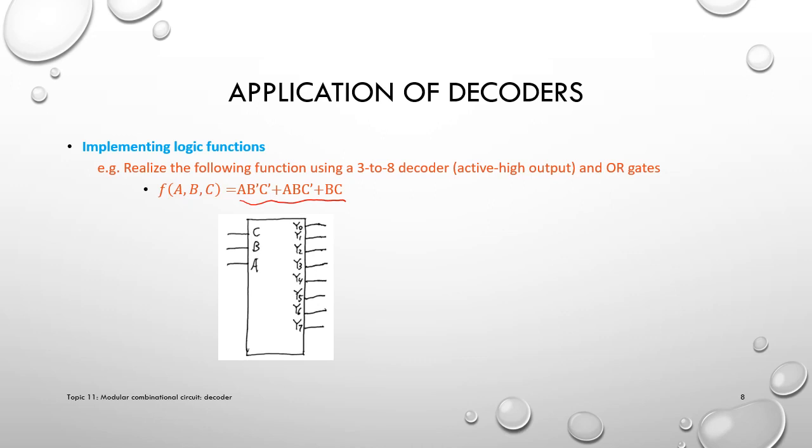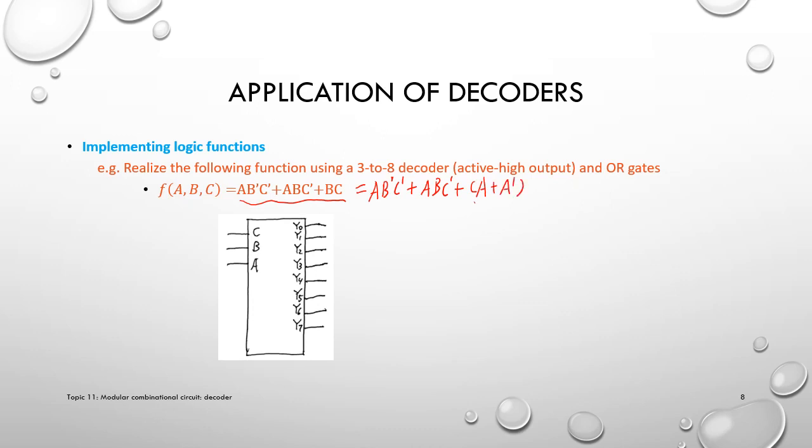From previous slides, we learned that the output of the decoder can be represented using a minterm. So if we can write this function in minterms, then we can do it. How to expand this to minterms? The first two terms are already minterms. For the last term, what we do is to add this.